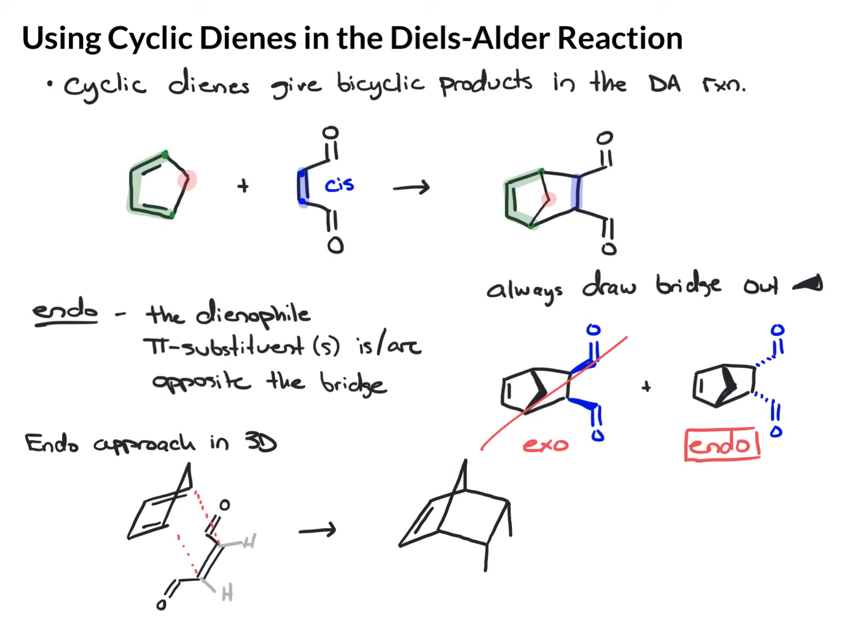Straight down for the endo, I have the aldehyde groups. And then for my hydrogen, here's one, and here's the other. So those would be essentially on wedges pointed up in the same direction as the bridge. So this bicyclic structure that I've drawn here is exactly the same as this structure. It's just two different ways to represent it.